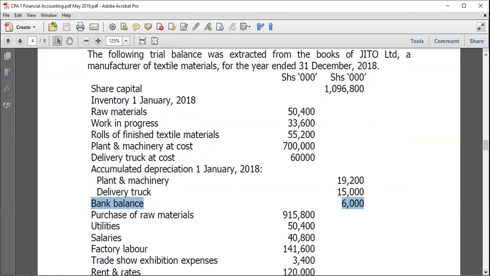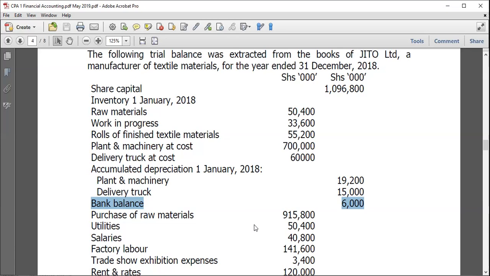Now, this bank balance is a bit unique. It is on the credit side, as you can see here. Being on the credit side means that this bank is actually a bank overdraft, okay? We know very well that bank is like cash, and it has a normal debit balance.